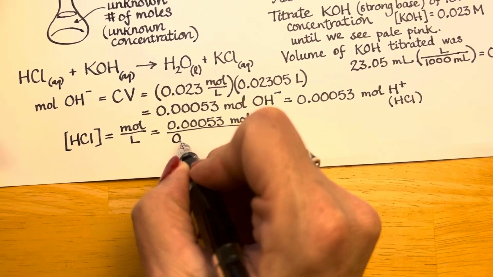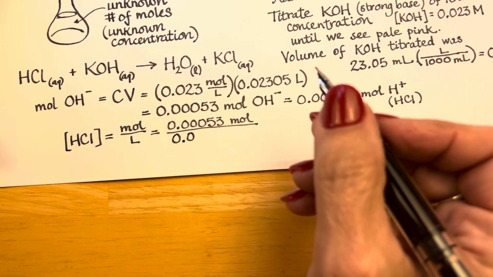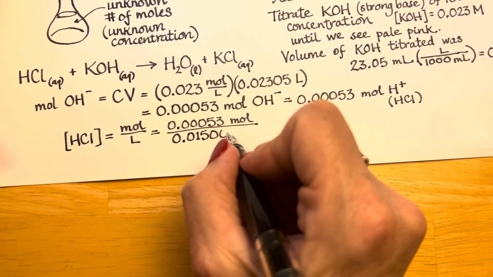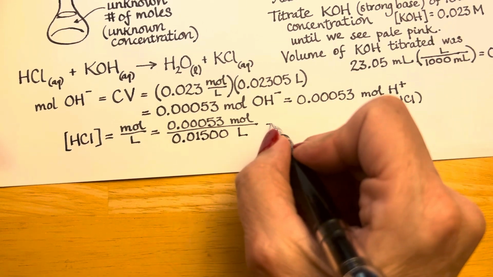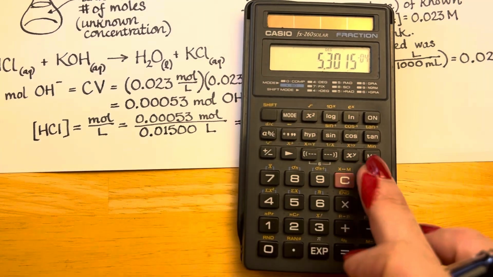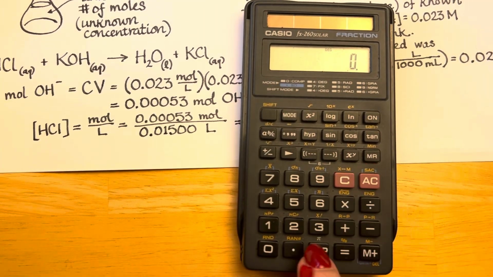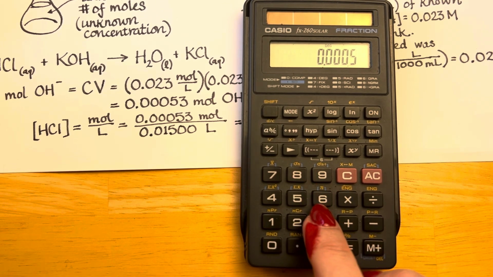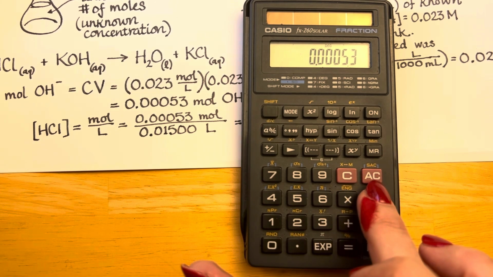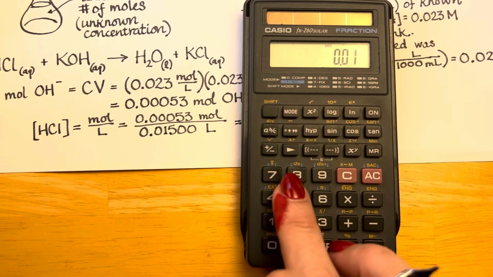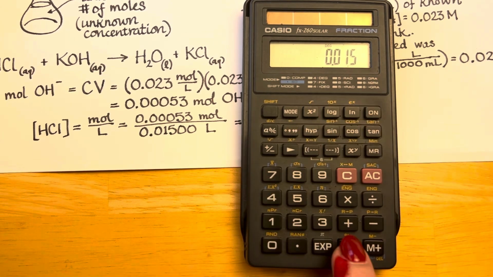But here's our number of liters. 0.01500 liters. And we are almost done. Okay, look. We will put in this 0.00053 divided by 0.015 liters.